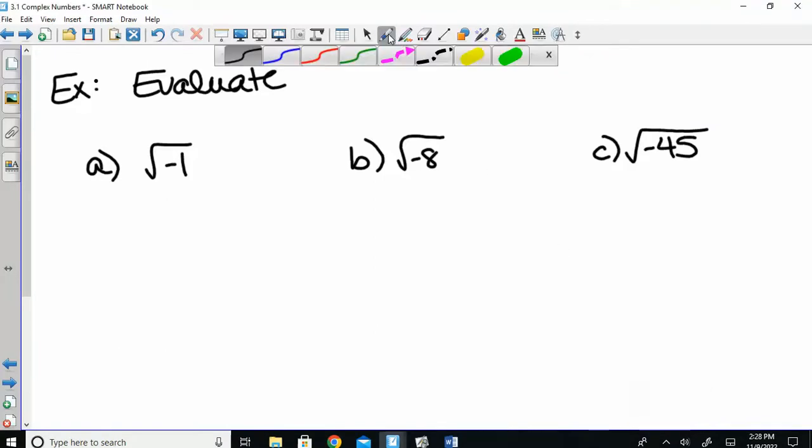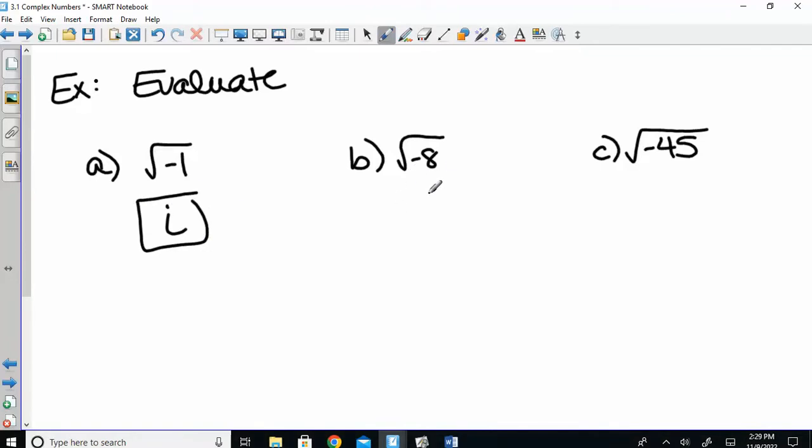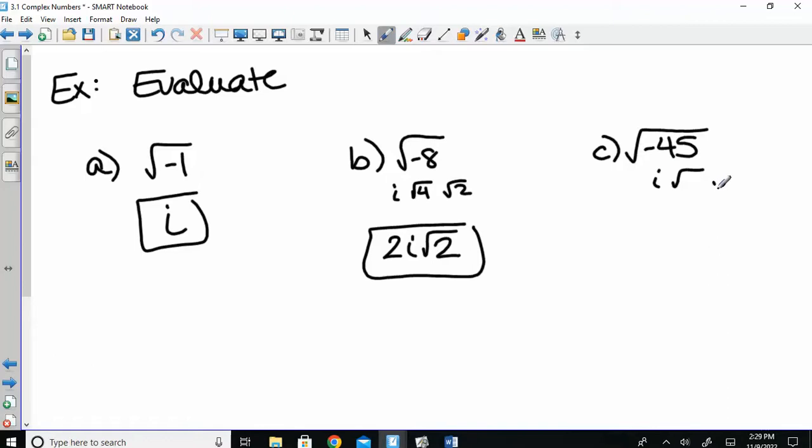So what is the square root of negative 1? i. Alright, how do you break apart the square root of negative 8? 4 and 2. Take the i. Okay, and the square root of 4 is 2, so we write it 2i square root of 2. Take out the i. So we get 3i radical 5.